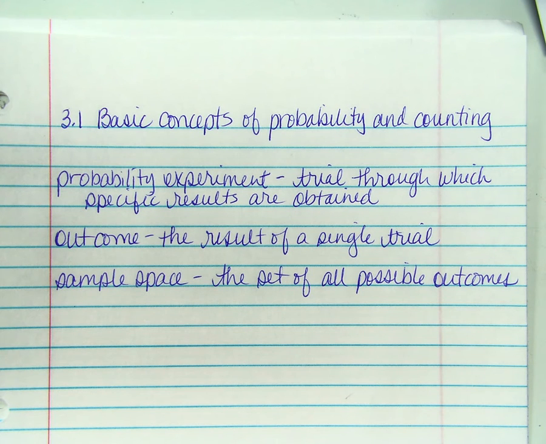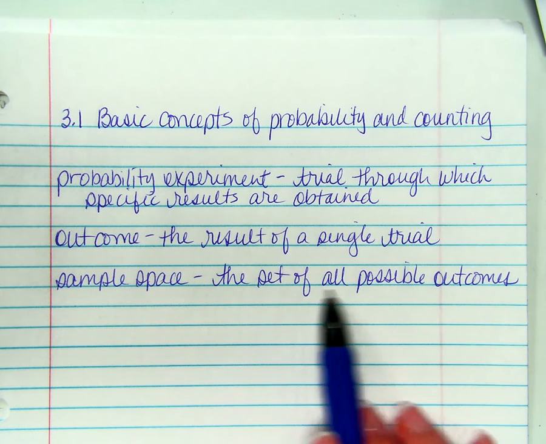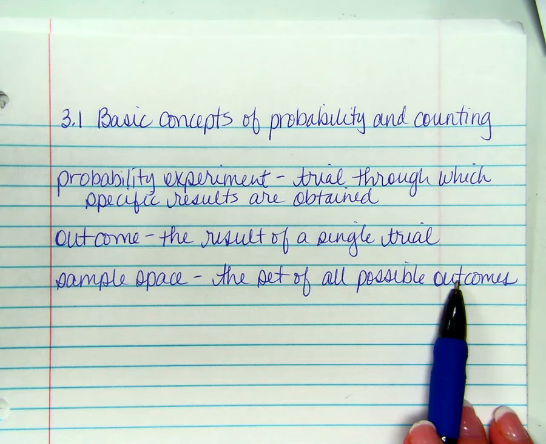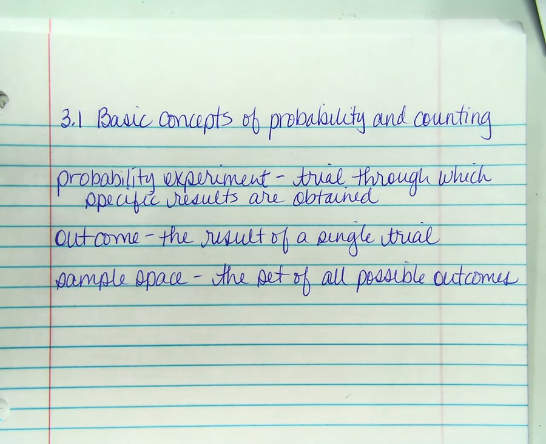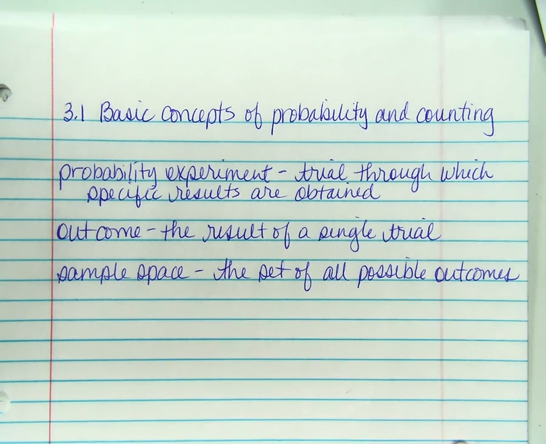The set of all possible outcomes of what? I didn't know I needed any today. It's okay. The sample space is the set of all possible outcomes of what? The experiment, right? Okay? It's all the trials.